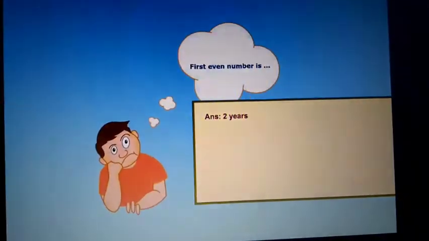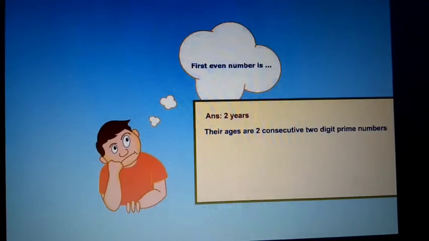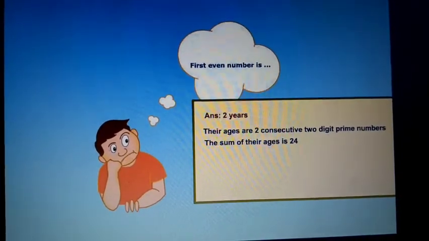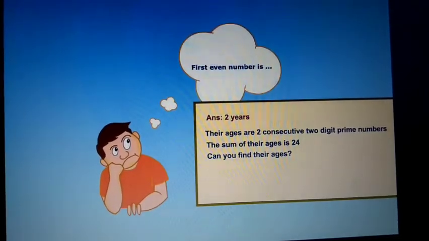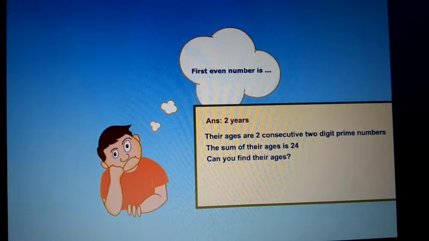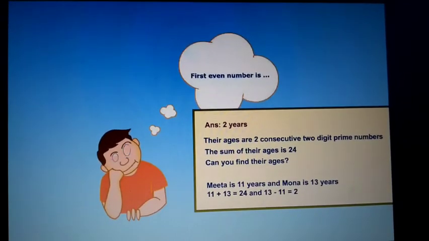Answer: 2 years. Their ages are two consecutive two-digit prime numbers. The sum of their ages is 24. Can you find their ages? Meeta is 11 years and Mona is 13 years.